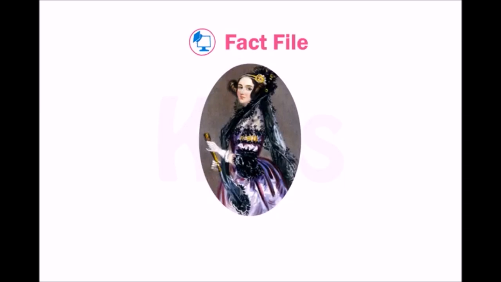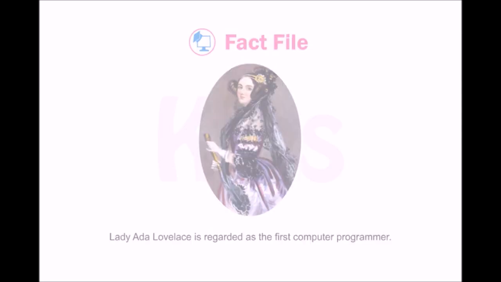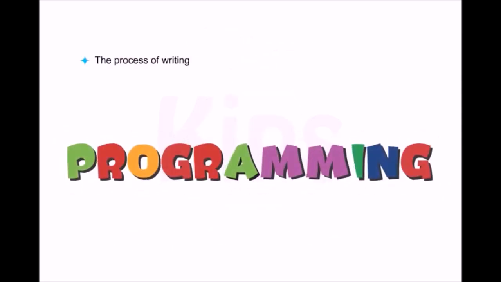Who is she? She is Lady Ada Lovelace, first computer programmer. The process of writing specific instructions in a computer language is called programming. Each programming language has its own specific rules.